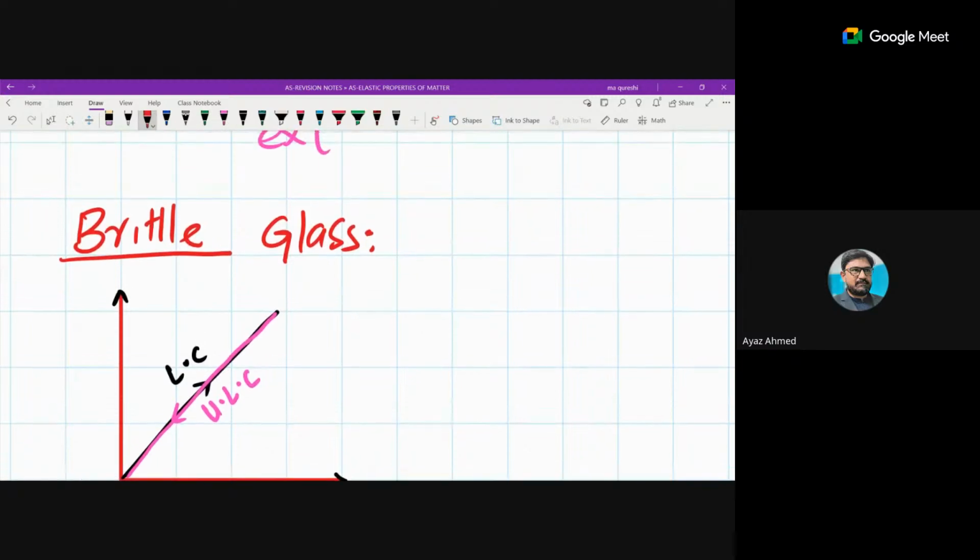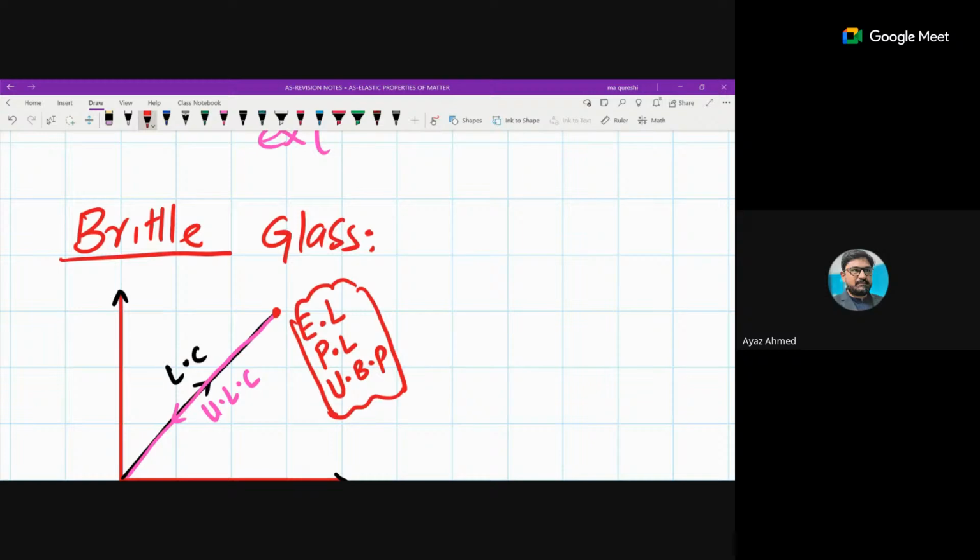And here the important point is, this is basically the elastic limit. This is basically its limit of proportionality. This is basically its break point or ultimate break point. I have written everything at the top of the graph, so these all are the points.